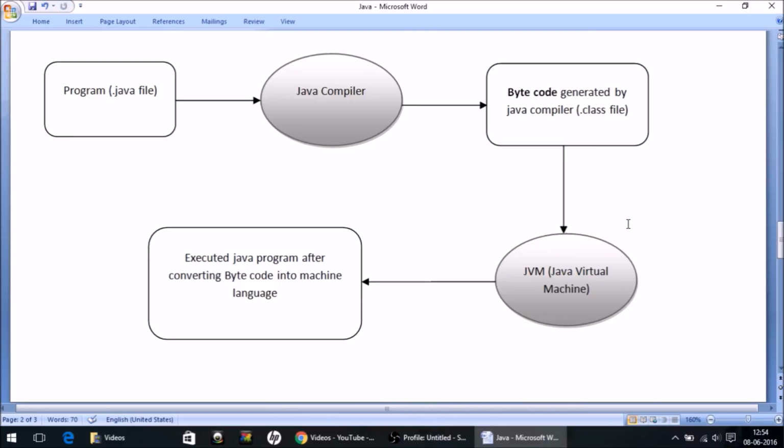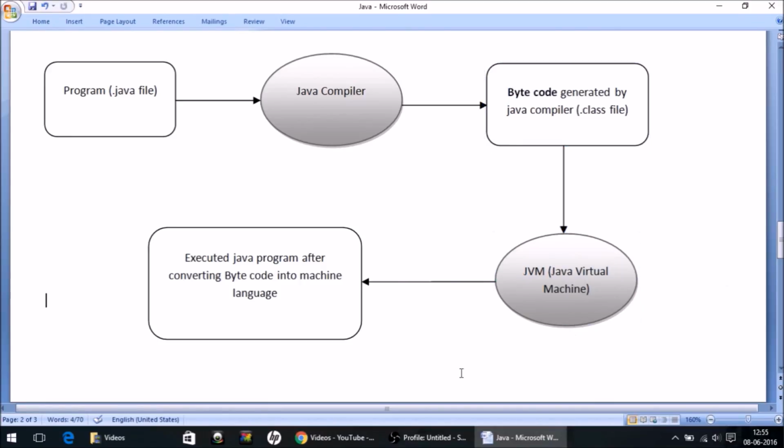In fact we have JVMs available for different operating systems. We have JVM for Linux, we have JVM for Windows, we have JVM for Android, and if you talk about any operating system, we have JVM for it. So when you have bytecode, you can get it executed on any platform or operating system if you have JVM installed on it.